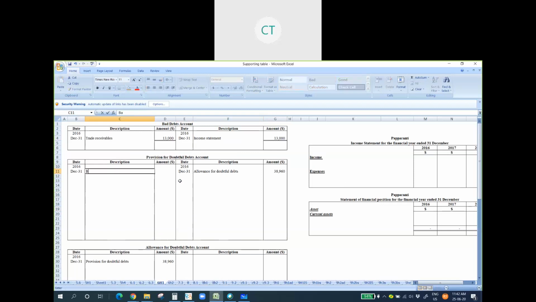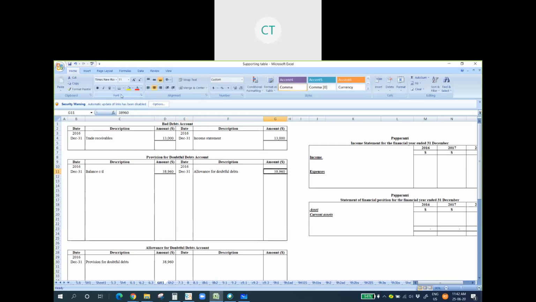So we use balance c/d to bring the amount to next financial year. And lastly, our allowance for doubtful debts. Similarly, we have to transfer this amount to income statement as an expense. Right, we have finished the first year ledger.